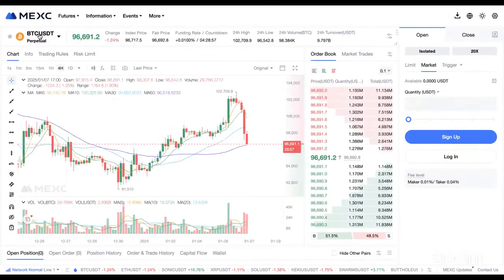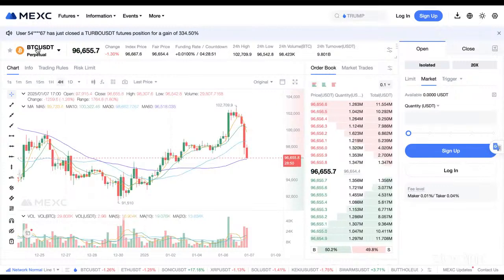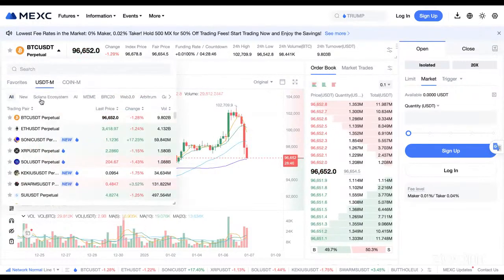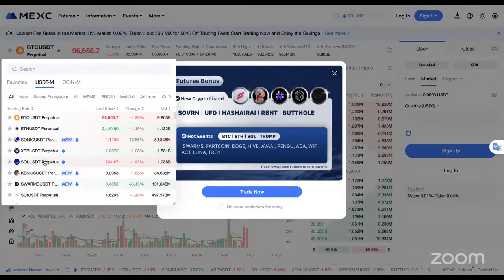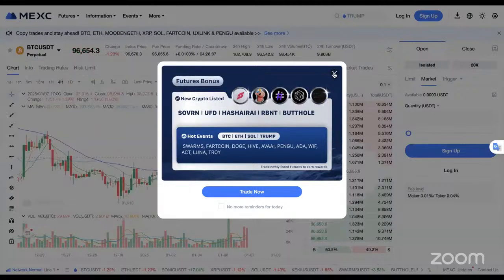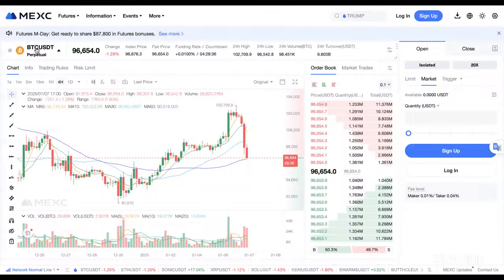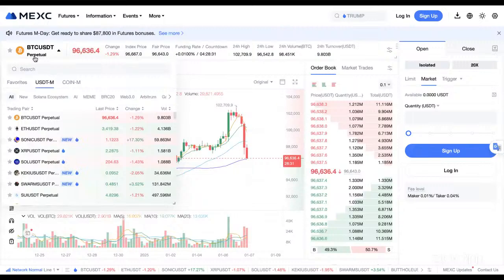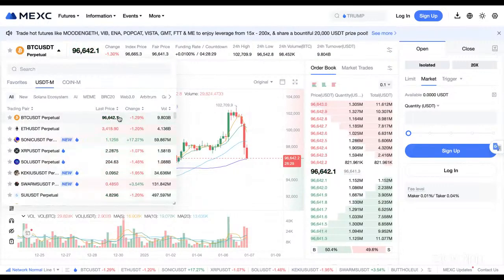I opened the futures area, the list of assets. I'm seeing the top 6 assets on MEXC as of today. Number 1 is Bitcoin, down 1% over 24 hours.